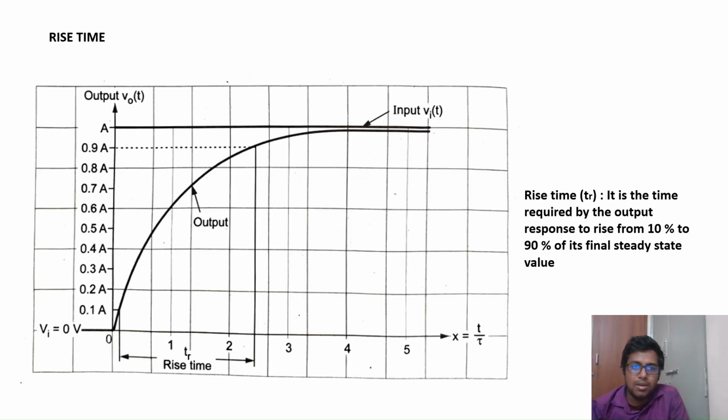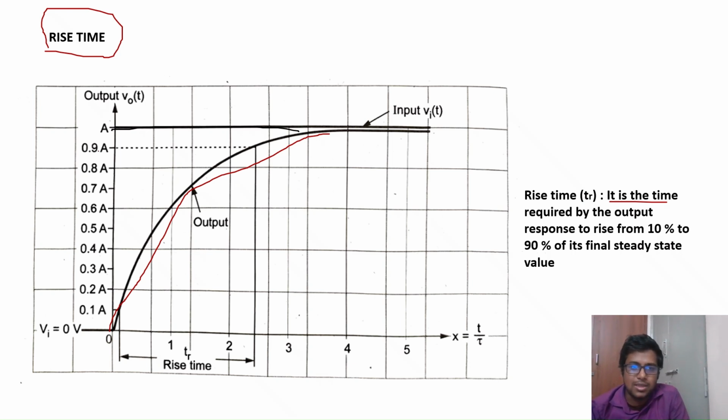Now you can see this diagram. This is my input signal, and this curve is my output signal. Now I am going to analyze one particular term, which is the rise time. You can see the definition of rise time here. It is the time taken by the output response curve to jump from 10% to 90% of its final steady state value.